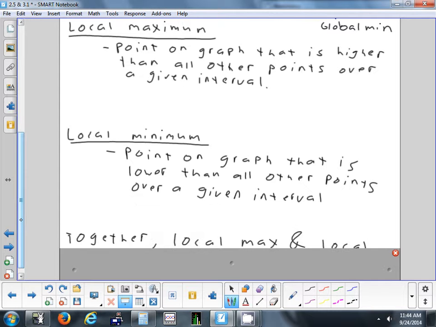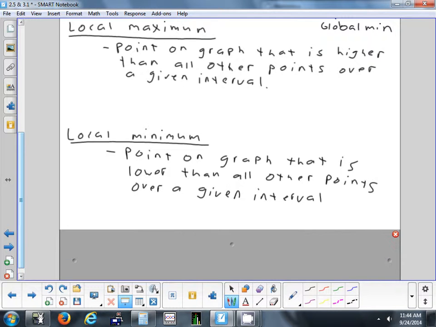So, a question on the difference between a local max, local min, versus a global max or a global min. Odd degree polynomials don't have global max and mins. One side goes up forever, one side goes down forever. There is no highest point in an odd degree polynomial.